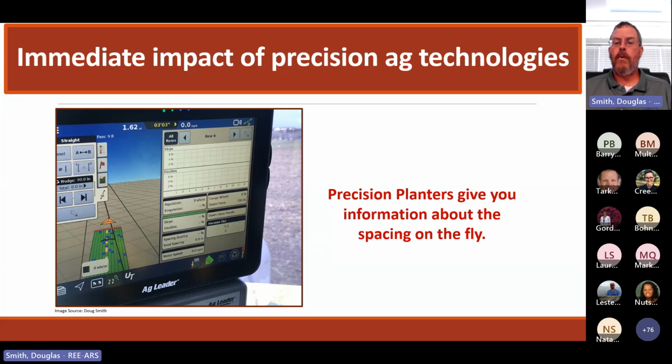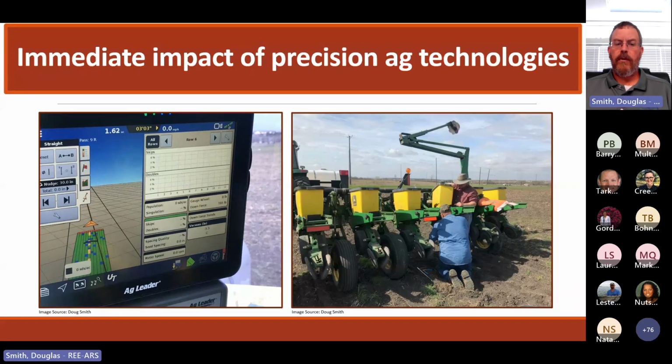Last year, we bought corn seed for about $450 a bag. The people behind these screens know how much that cost. So immediately, whenever they see poor singulation, this is what they do. It doesn't matter where they are in the field. They stop. They try to figure out what's going on.